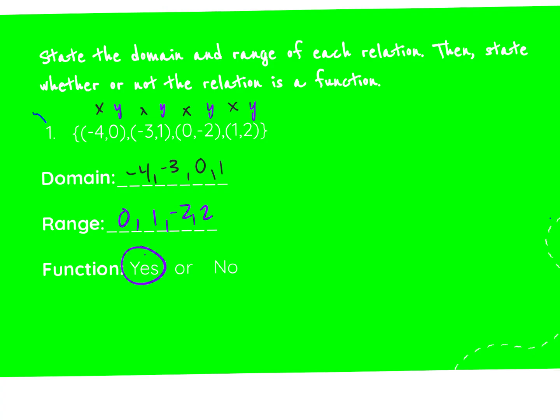Is it a function? Yes. Why? Because I've got no repeating x values. I'm not saying -4, 0, and then later on -4, 2. I don't have that. That's what makes it a function.